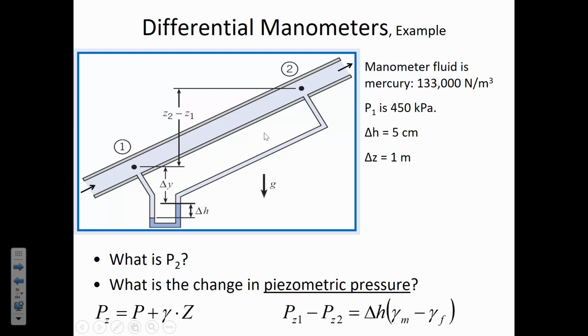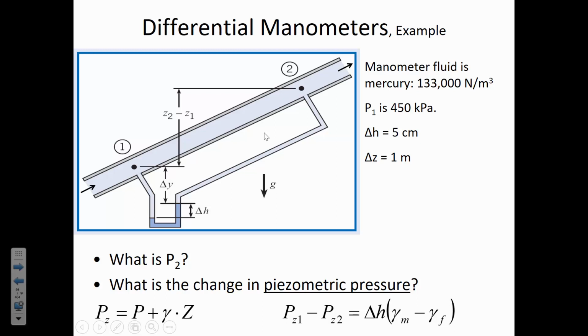That tells us what would be the pressure at this location once we've gone down delta Y through the fluid. Plus delta H times gamma of water, minus delta H times the gamma of mercury, minus delta Y times the gamma of water, minus delta Z times the gamma of water, and that equals the pressure at 2.